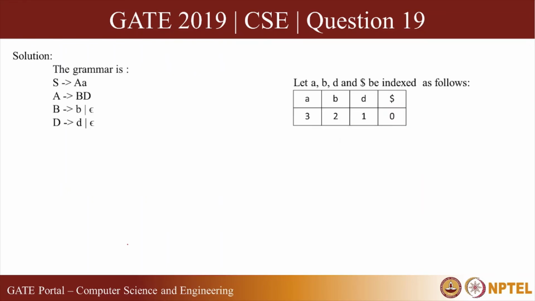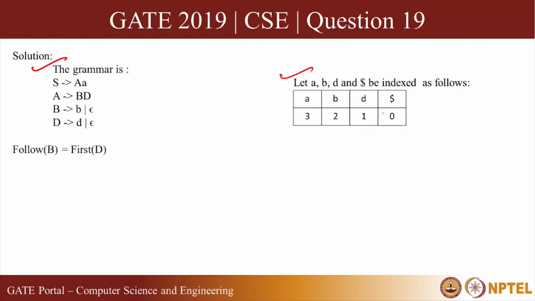Now let's look at our given question. Let's look at the solution. This is the given grammar in the question, and the representation for small a is 3, small b is 2, and so on.